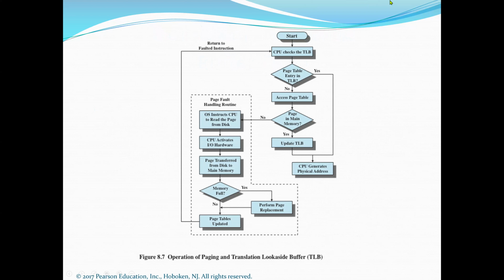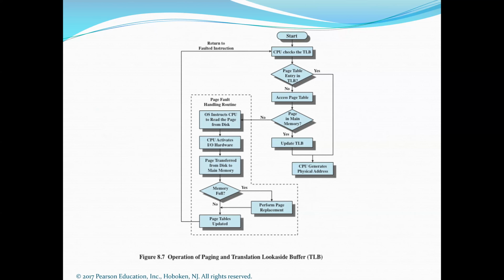We have the diagram here, which is a flowchart that shows the use of the TLB. The flowchart shows that if a desired page is not in main memory, the page fault interrupt causes the page fault handling routine to be invoked.